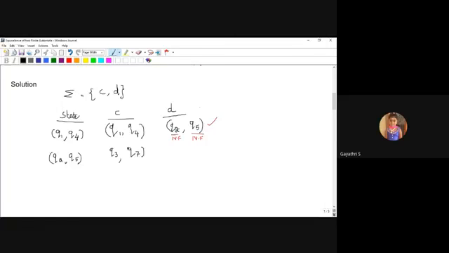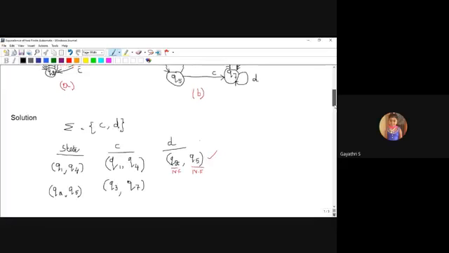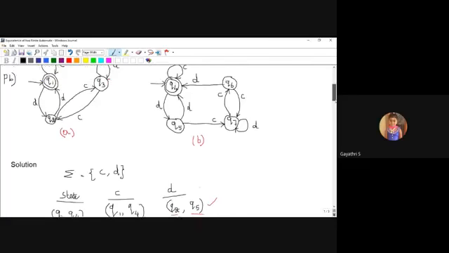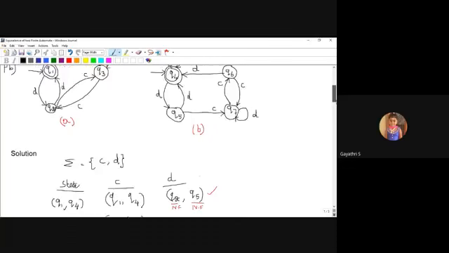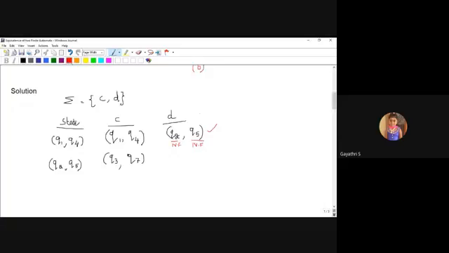I'm going to check whether this is a valid pair or not. Since it is a new pair, Q3 is non-final and Q7 is also non-final. So this is a valid pair.